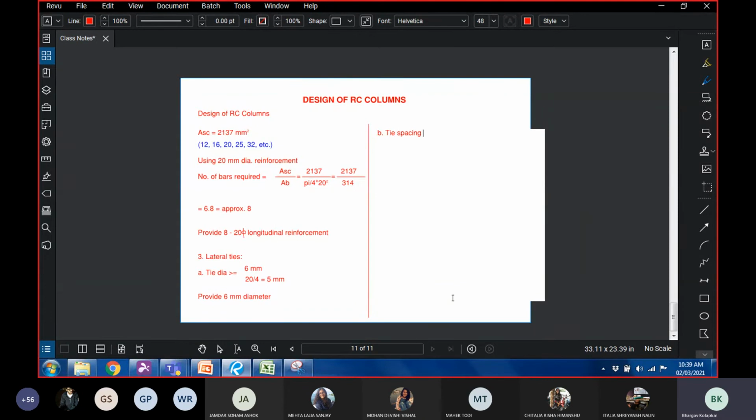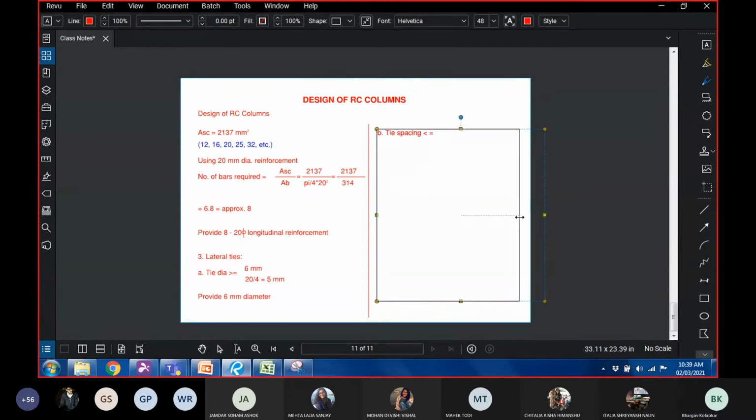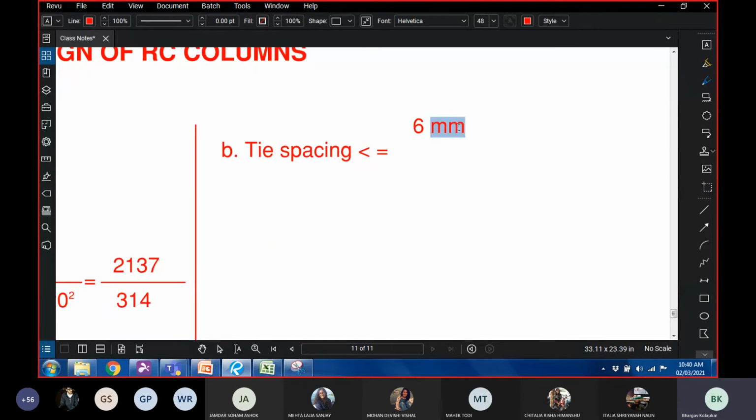So for this, we have 3 criteria. This has to be less than equal to the first one, the least lateral dimension.